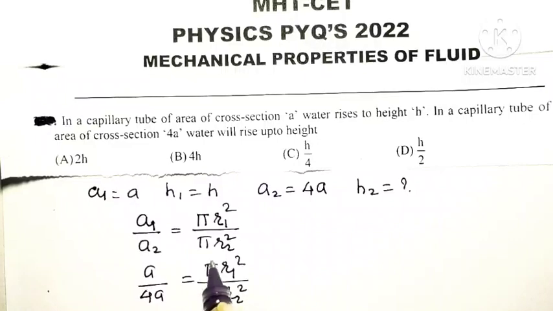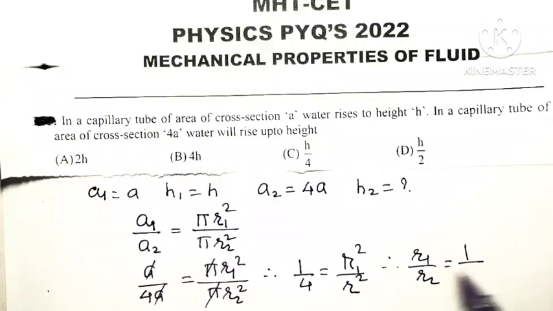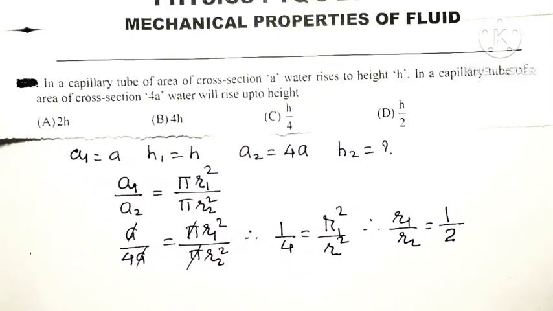The pi cancels in numerator and denominator, and A cancels. Therefore we have 1 by 4 is equal to R1 square divided by R2 square. Taking the square root on both sides, R1 upon R2 is equal to 1 by 2.